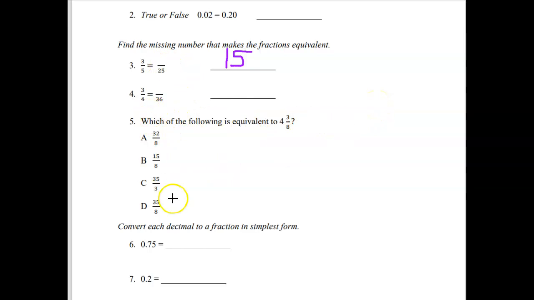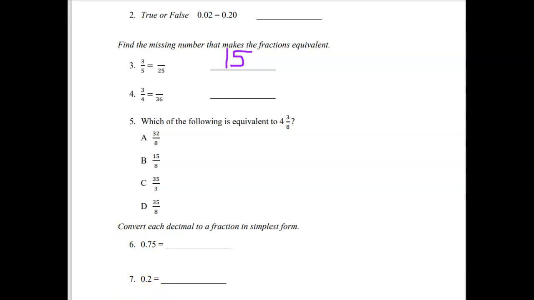What about the bottom one? How many times will 4 go into 36? 4 times what is 36? Did you figure it out? 4 times 9 is 36. And then 3 times 9, because we multiplied the bottom by 9 to get 36, we have to do the same thing to the top.